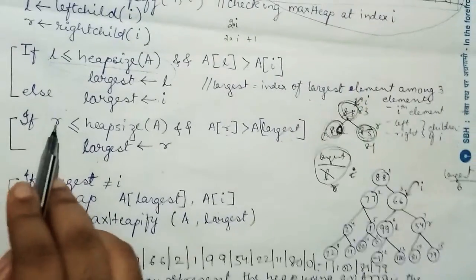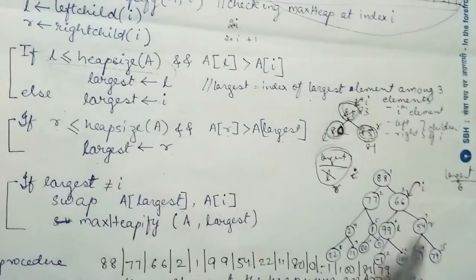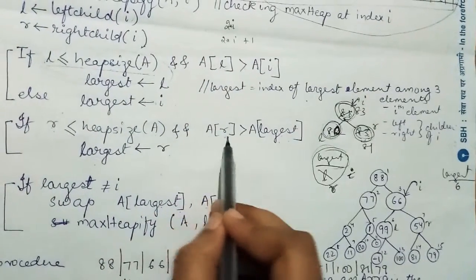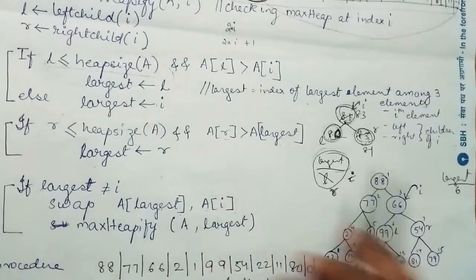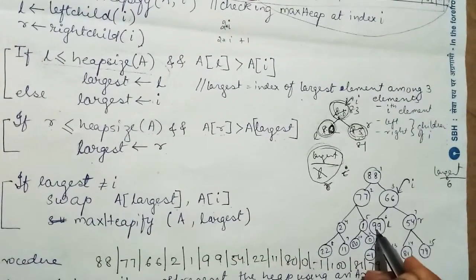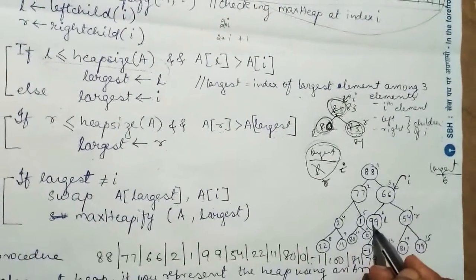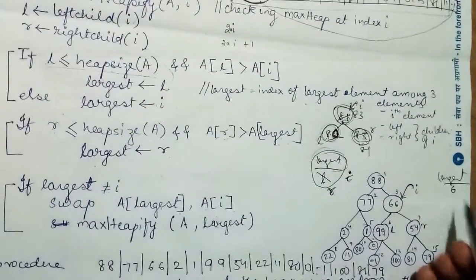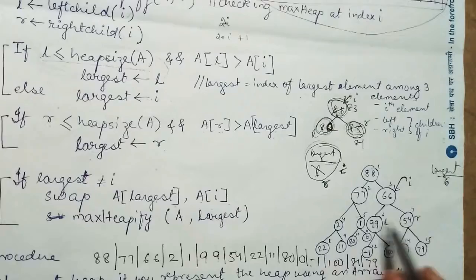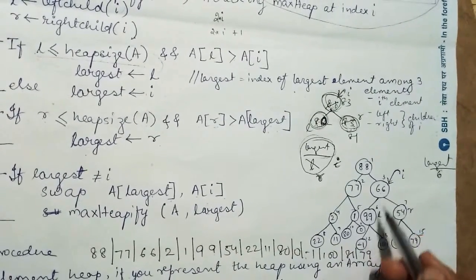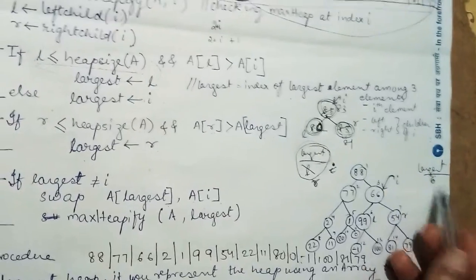Then again, if R is less than or equal to heap size, yes, 7 is less than 15, and A of R is greater than A of largest. A of R, 54, is greater than A of 6, 99? No, condition is not satisfied. Largest remains as L, that is 6. Yes, among these three elements 99 is the largest, which is at index 6.